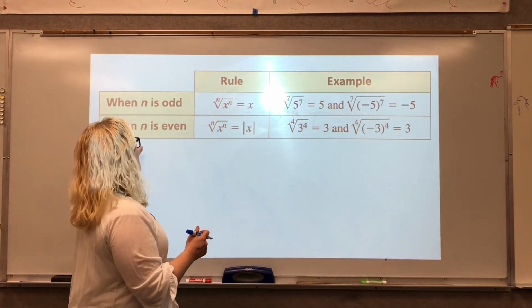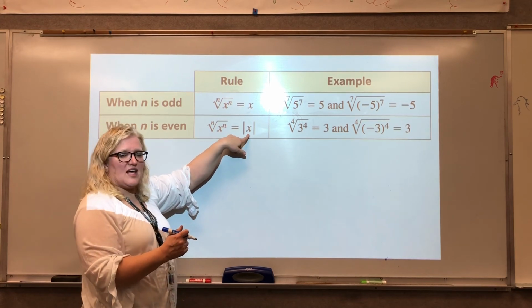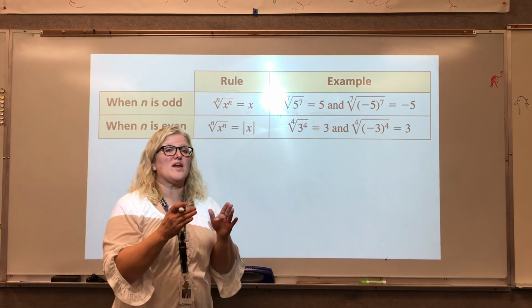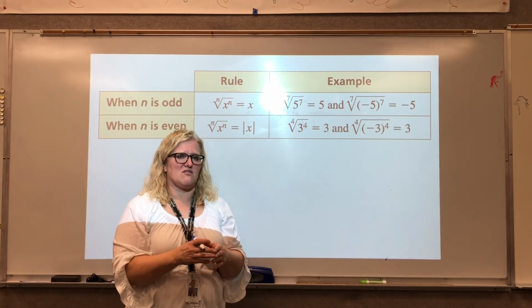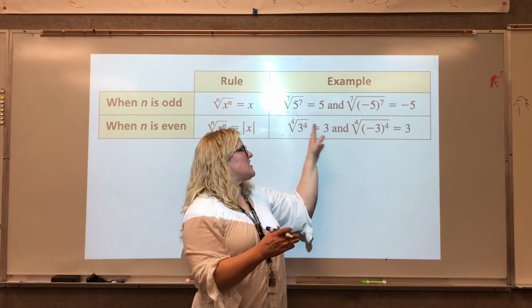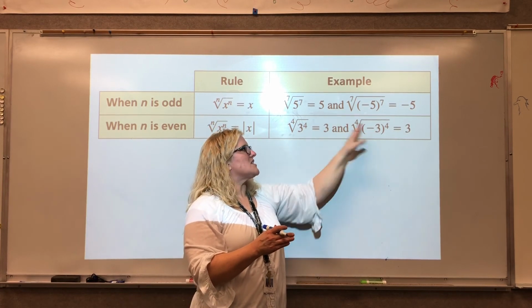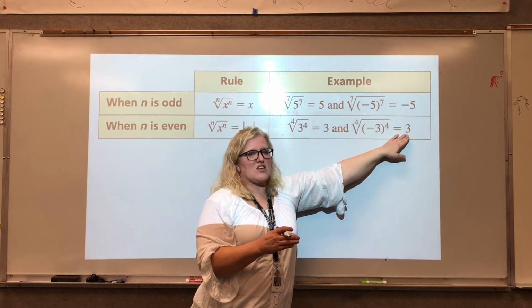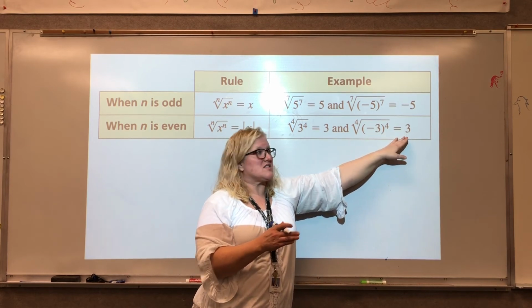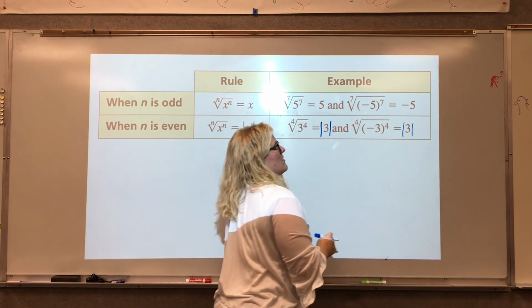But when n is even, we have to put it in an absolute value sign so that we know that we're dealing with the positive one, because we're dealing with two different, a positive and a negative, but we need to make sure that people know that it's a positive that's coming out on the end. So you can see that these are both positive.